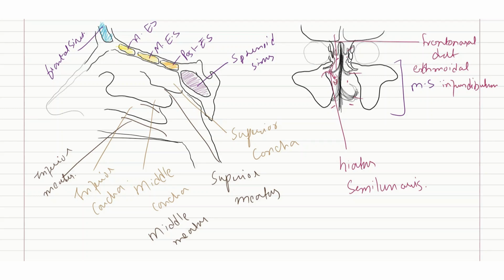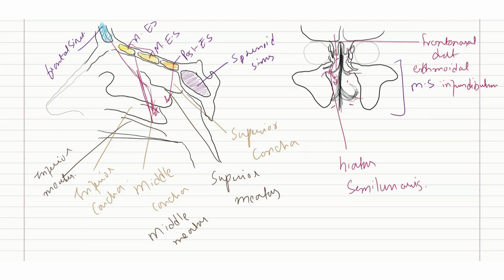This is the frontal sinus and it will drain through the hiatus semilunaris into the middle meatus, right? The anterior ethmoidal sinus and middle ethmoidal sinus, both of them drain directly into the middle meatus. And the posterior ethmoidal sinus, as you can see, is close to the superior concha and superior meatus, so it will drain into the superior meatus.